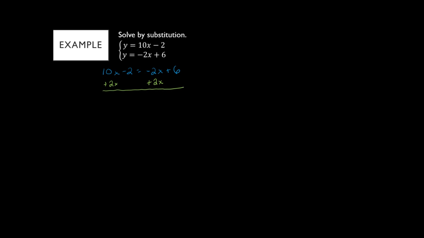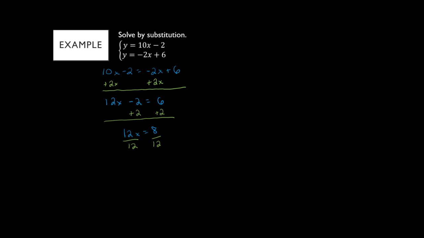I like to put my x on the left. That gives me 12x minus 2 equals 6. Then I'm going to add 2 to both sides, since I want to isolate the 12x. So that gives me 12x equals 8. And then I need to divide both sides by 12.